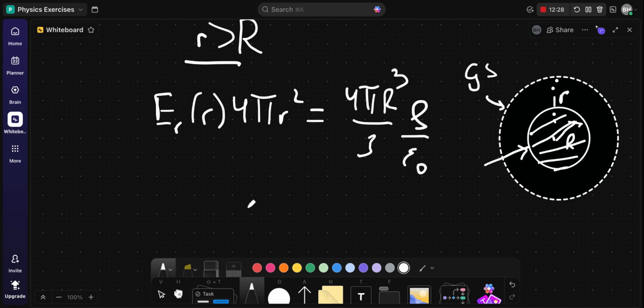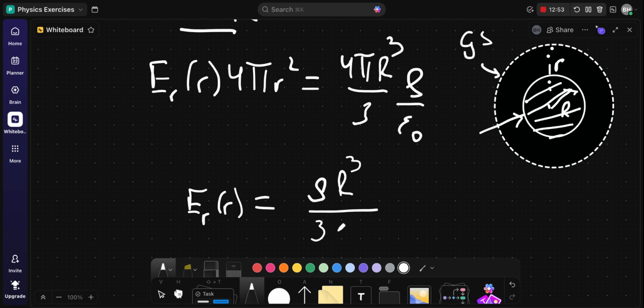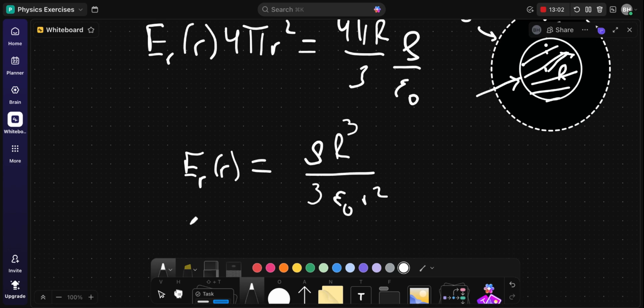Now we can rearrange this, and we find that the radial component of the electric field, which is the only component there is, we can cancel the 4 pi, but we can't cancel the r's, because here we have rho R cubed divided by 3 epsilon 0 r squared. So that's our result for the electric field outside.